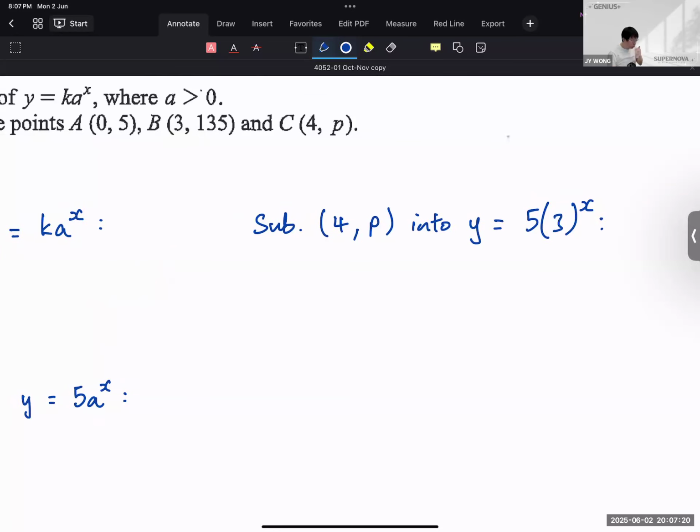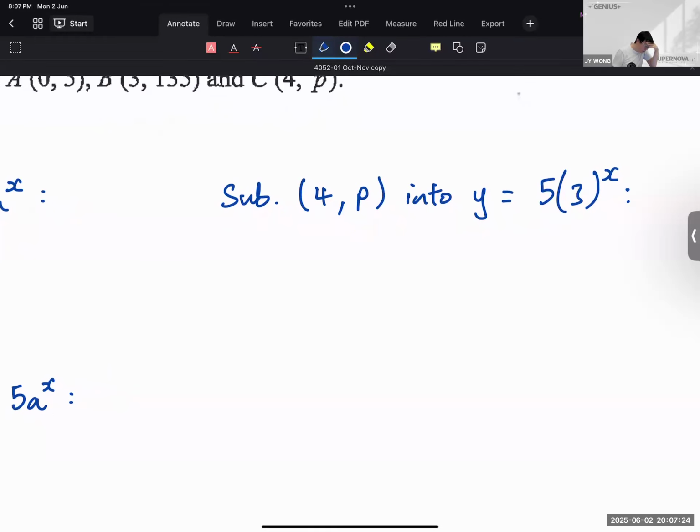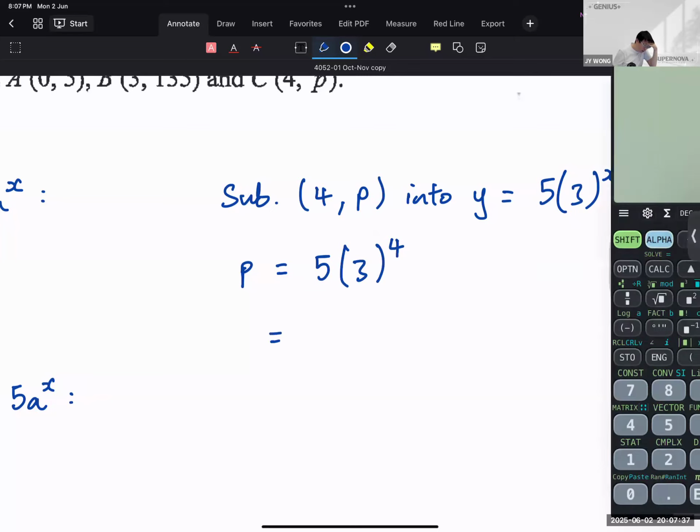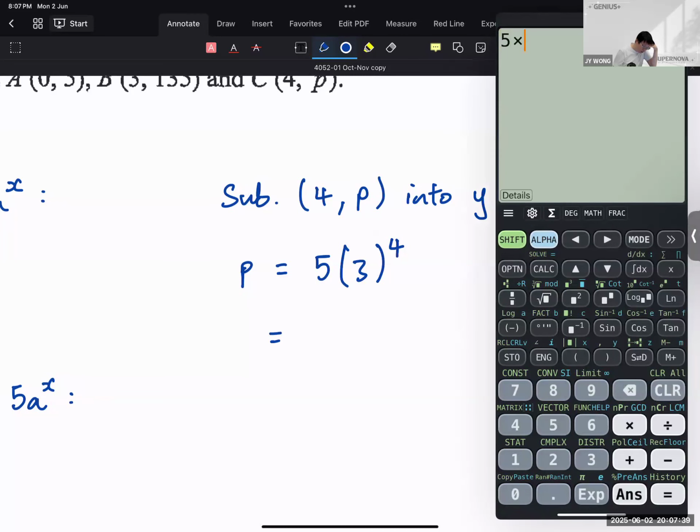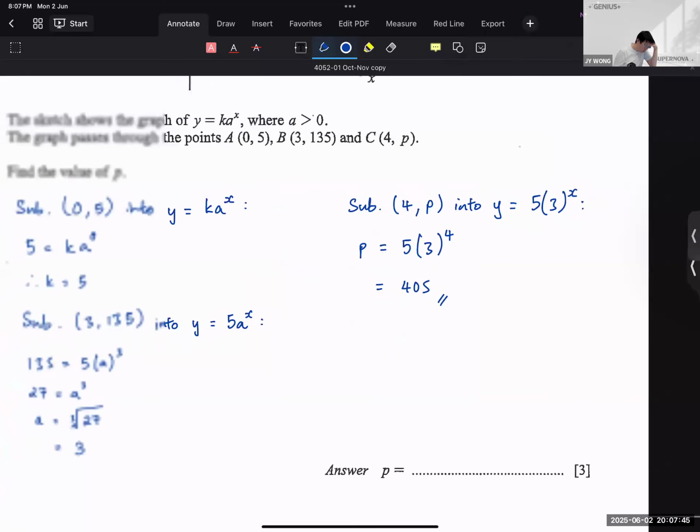So you know A is equal to 3. So P is equal to 5 times 3 to the power of 4. And then you just press calculator, please don't do weird things. And that's the last thing they wanted you to find.